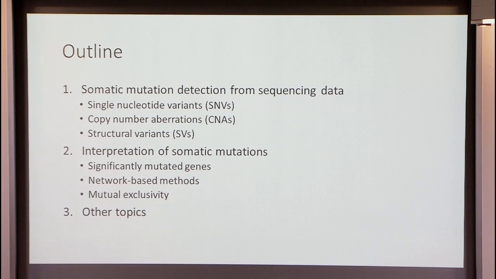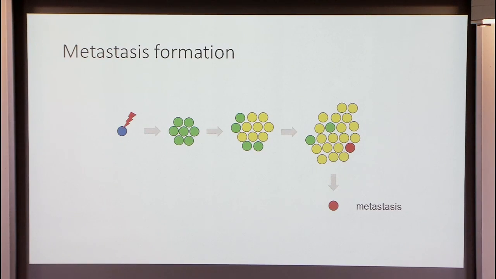So the first one I want to mention is more a biological thing in the first place, and that is the formation of metastases. This is something we haven't really talked about so far. I think it's a very important process, and there will be a lot of data coming up in this context. So what we mean is basically that the tumor progresses like this.